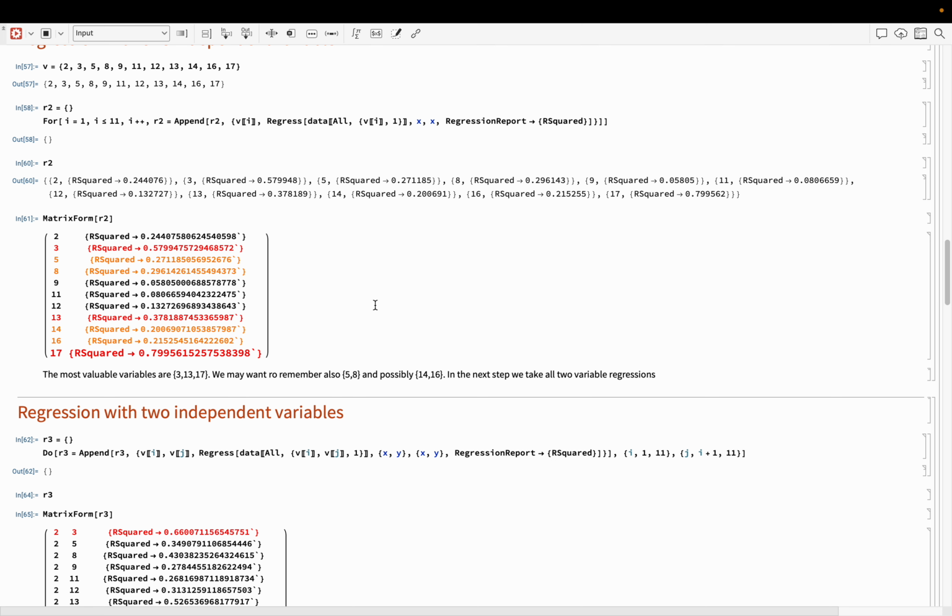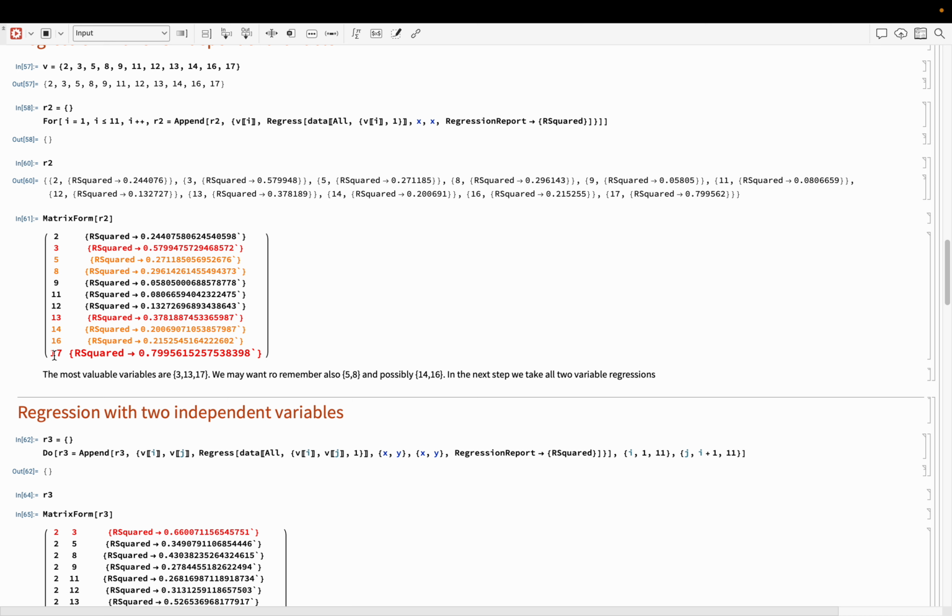And what we can see here, what I've marked, oh, this is probably wrong. No, it isn't. So first of all, I marked those variables in red that have r squared over 1/2. And also I added in orange those variables that have r squared over 0.2.